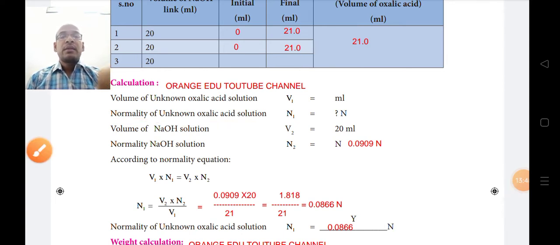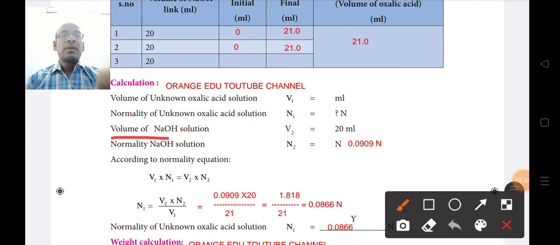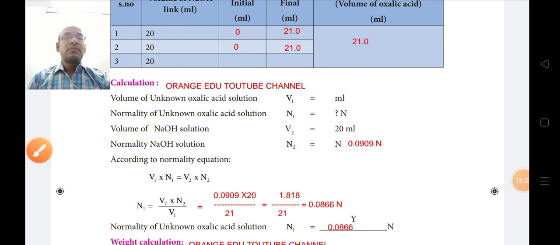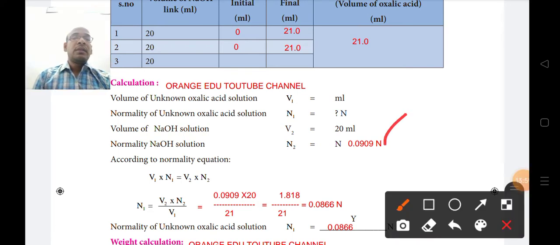Next, volume of the NaOH, 20 ml, is given in the table column. Normality of sodium hydroxide is what we calculated in the titration 1 calculation part.